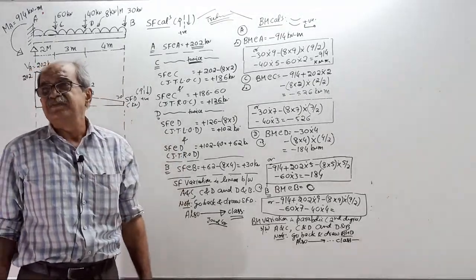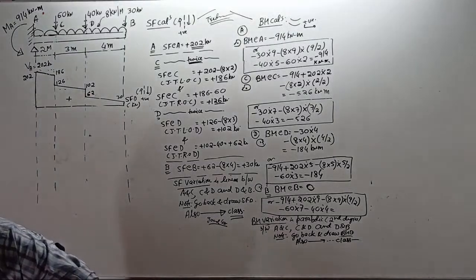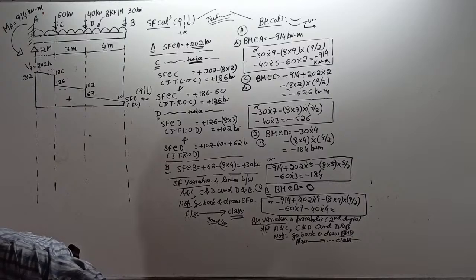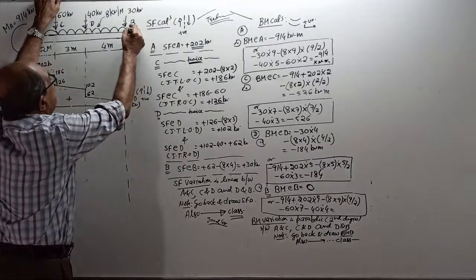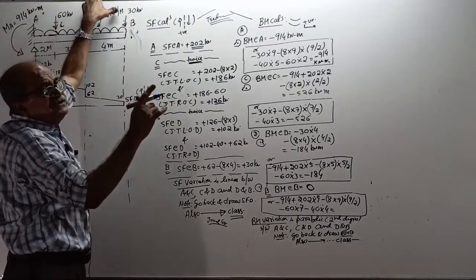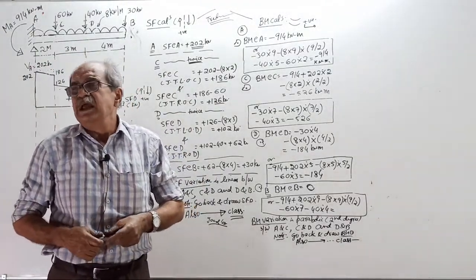And bending moment is there only if there is what? Couple there. By chance, if a couple is here, then BM is there. Otherwise, if point load is not there, shear force is 0. If couple is not there, bending moment equals 0.